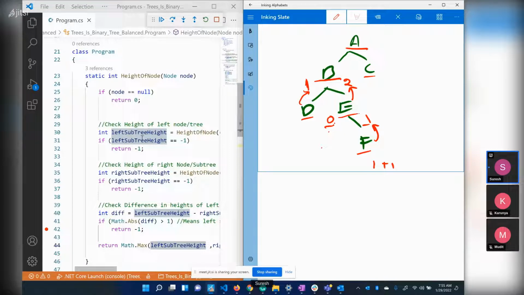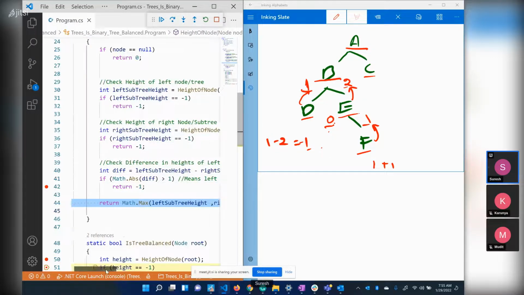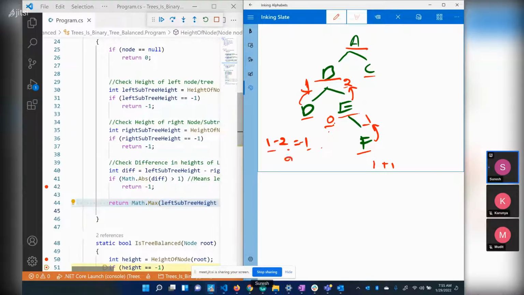You got the left subtree height is 1, right subtree height is 2. Now you calculate the difference. 1 minus 2 equals minus 1, absolute value is 1. Is 1 greater than 1? No, it's not greater than 1. Now what is the maximum of these two? The maximum of 1 and 2 is 2, and adding 1 gives 3. The 3 will be returned to A.